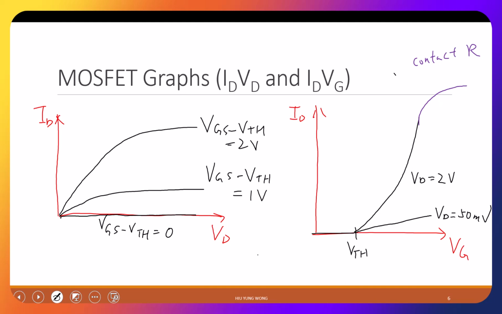Those parts dominate, so it does not go up as fast as you want. Another cause is the so-called surface roughness, which we will study later. When you have a very large VG, you push the carriers against the wall of the insulator, so they have a lot of scattering and lose their mobility. I will explain more later, but just remember that in reality, this will taper off. I will keep repeating, but any question now?